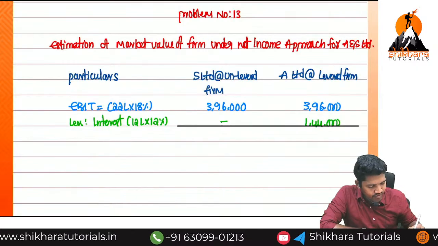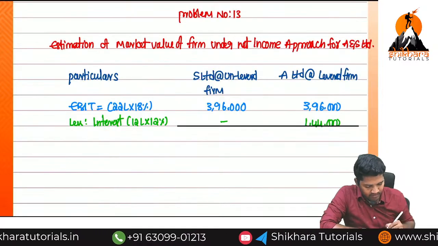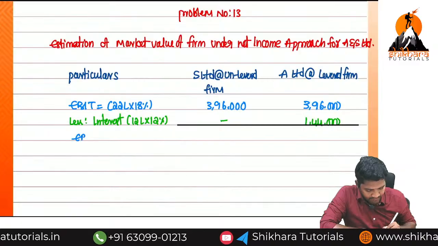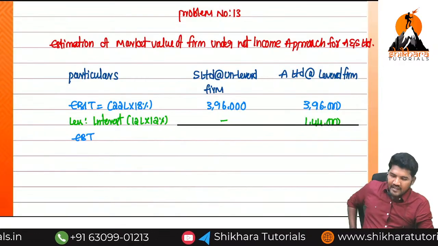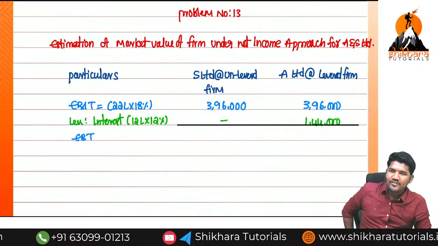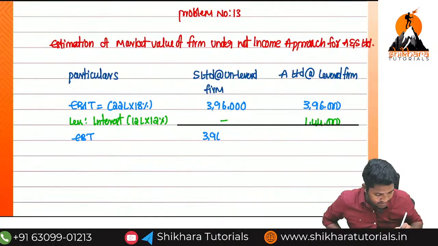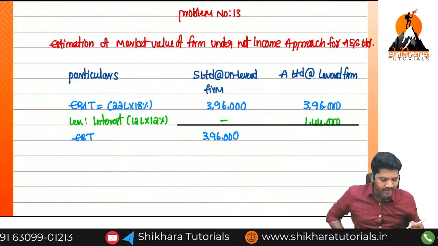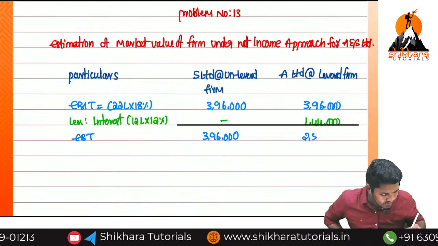If we remove it, you will get the taxable profit, EBT. So for S limited, EBT is the same as EBIT. Are you agreed? Why? Because there is no interest. How much? 3,96,000. What about A limited? 2,52,000.